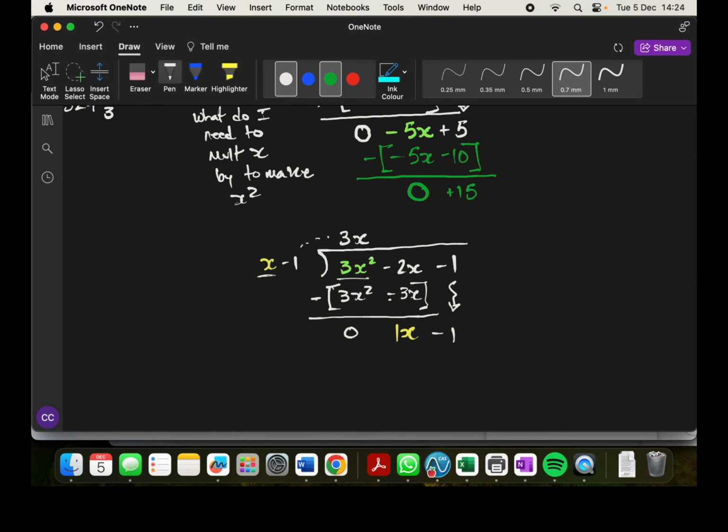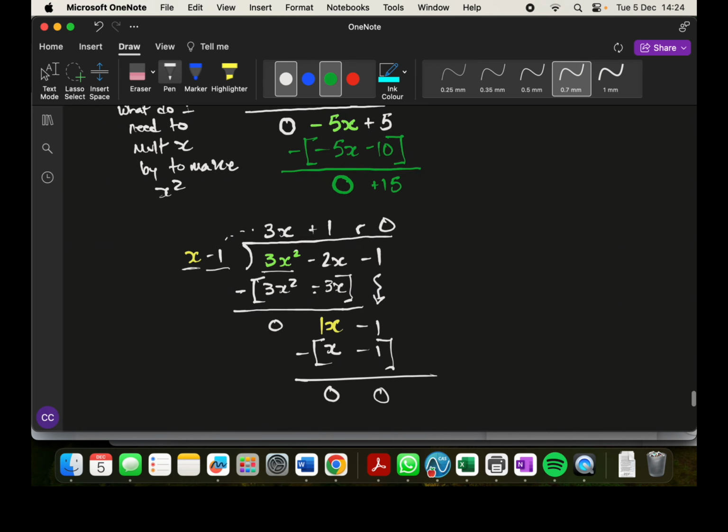Well, I would have to multiply it by 1. Positive 1 would get me there. And if I do that, I would have x, and then positive 1 times negative 1 is minus 1, and I just have to subtract these. So that gives me 0 and 0. So there's no remainder. So it's remainder 0.